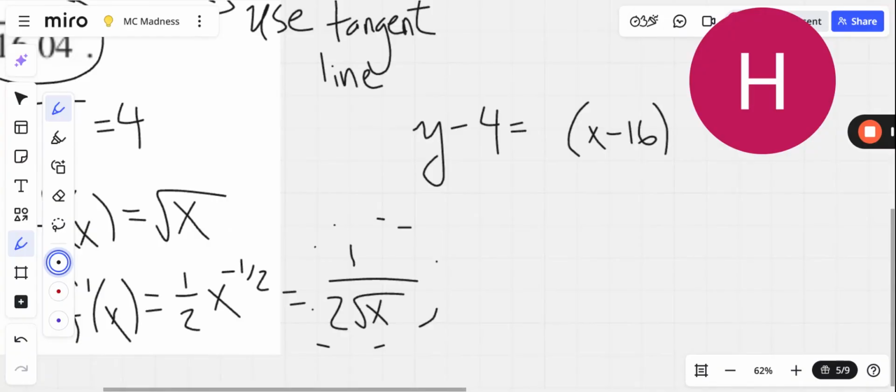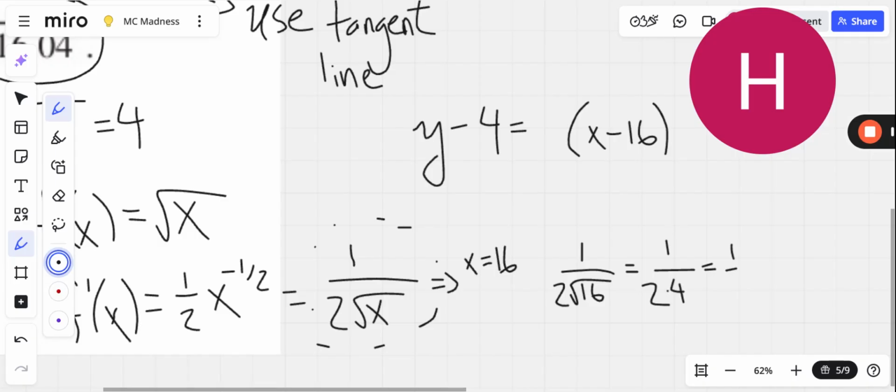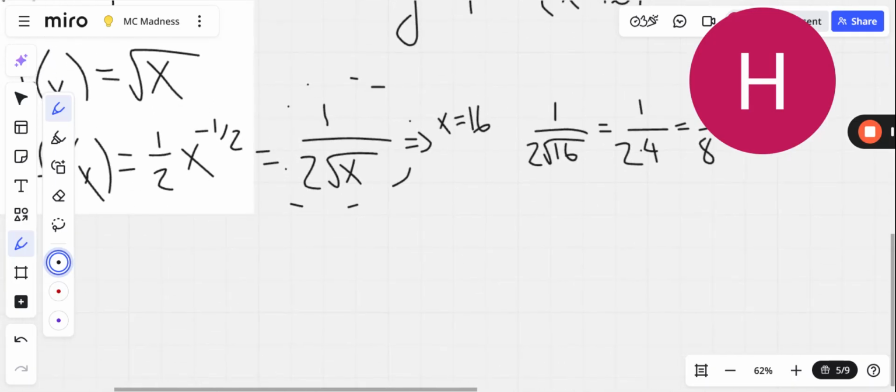So what is that slope? Well, when x equals 16, that means we're going to have 1 over 2 times square root of 16, or 1 over 2 times 4, or just 1/8. So we can use y minus 4 equals 1/8 times x minus 16.